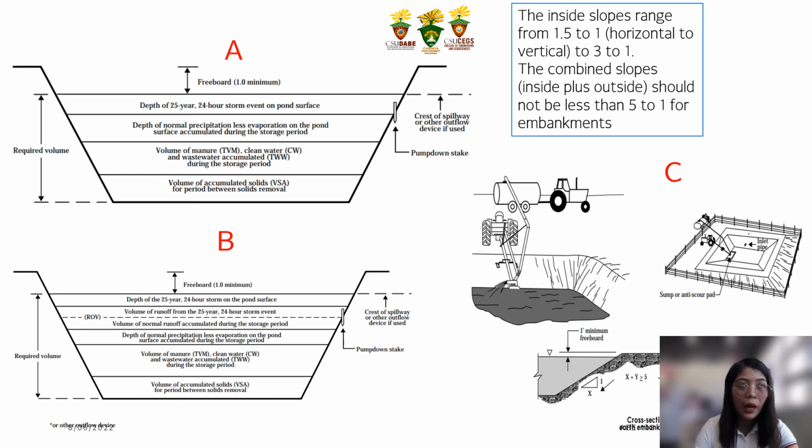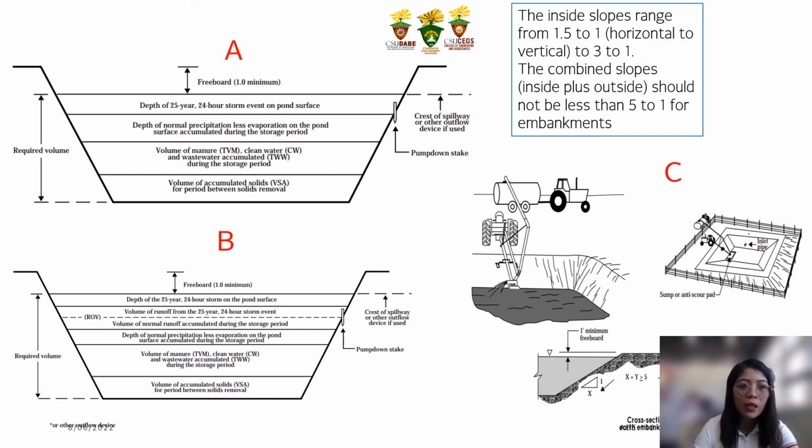The inside slopes commonly used range from 1.5 to 1 horizontal to vertical up to 3 to 1. The combined slopes inside plus outside should not be less than 5 to 1 for embankments.